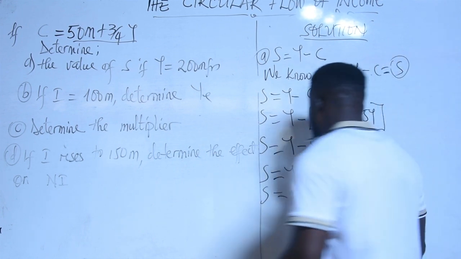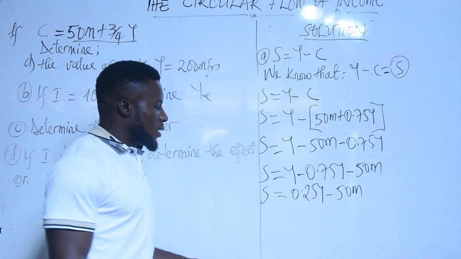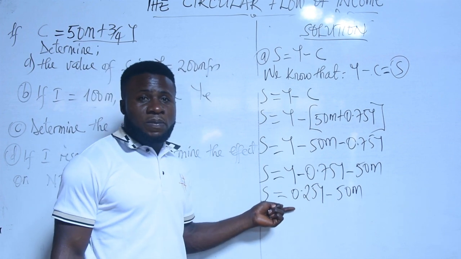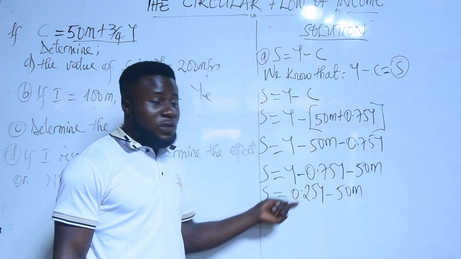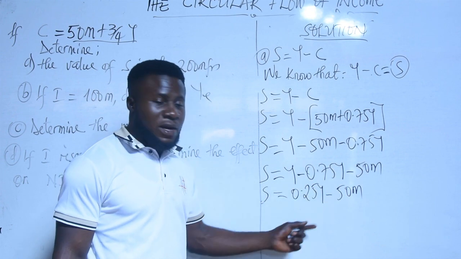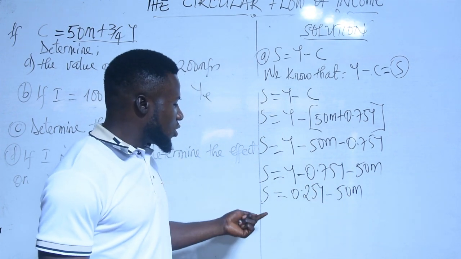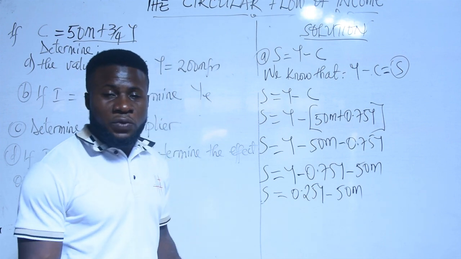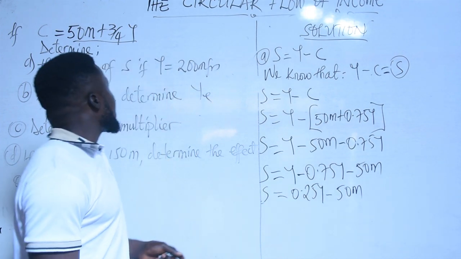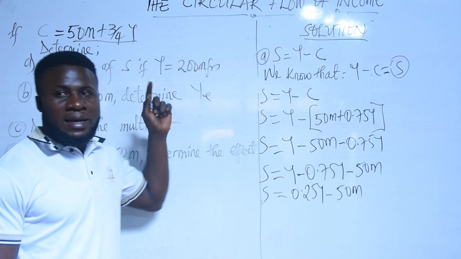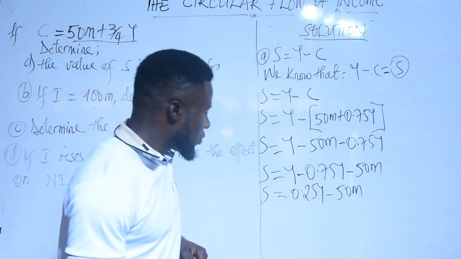Now, we will get our supply function from here. We could substitute directly, but I would like us to get our supply function first. Our supply function has a format in which it must be written, same as our consumption function had a format that I showed you.